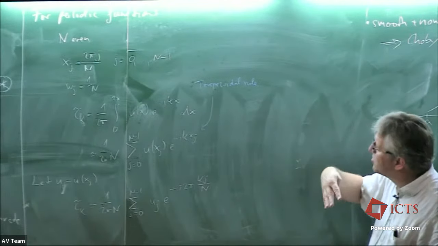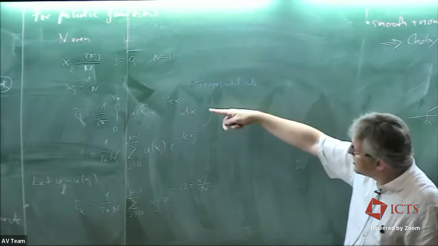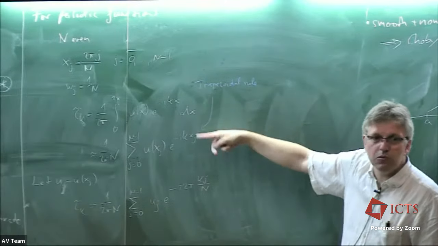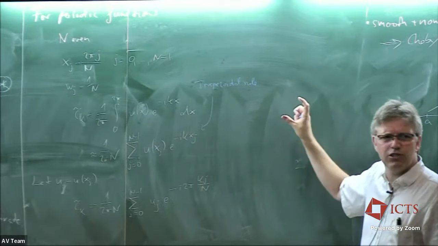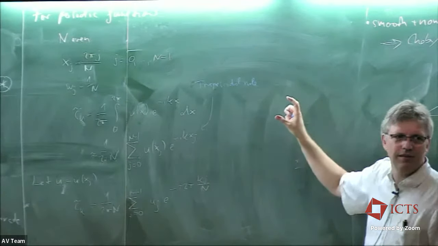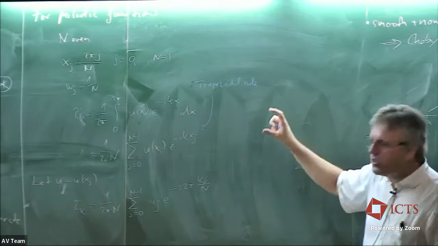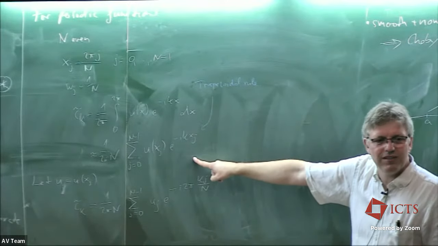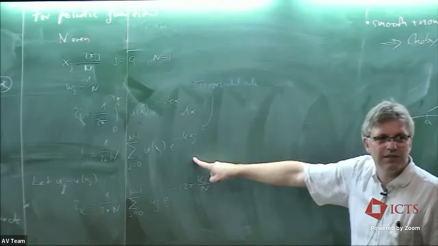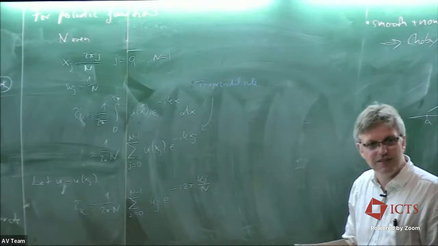And so it actually turns out that this lowly trapezoidal rule for smooth and periodic functions is astonishingly accurate. We're going to do this trapezoidal rule with 10 points, and we're getting 10 to the minus 8 or 10 to the minus 10 accuracy out of it. You'll see this in the tutorials later.